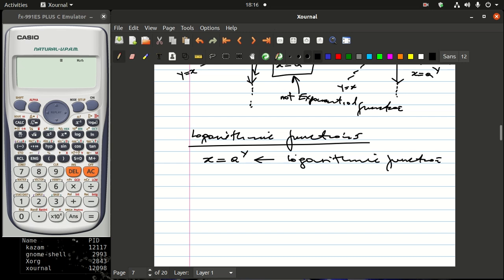Take note that this a here is greater than 0. Because this confuses a lot of people, since it is written in an exponential form, we want to have our definition that is actually saying this is a logarithmic function.